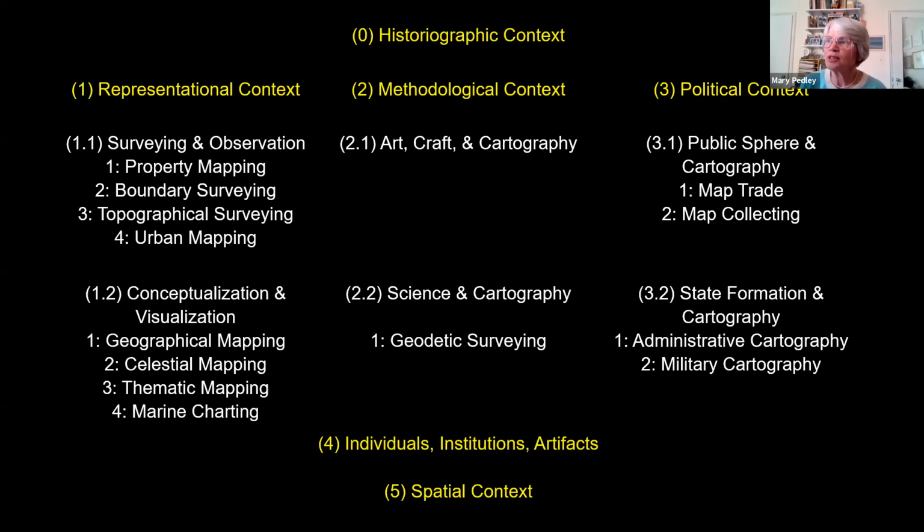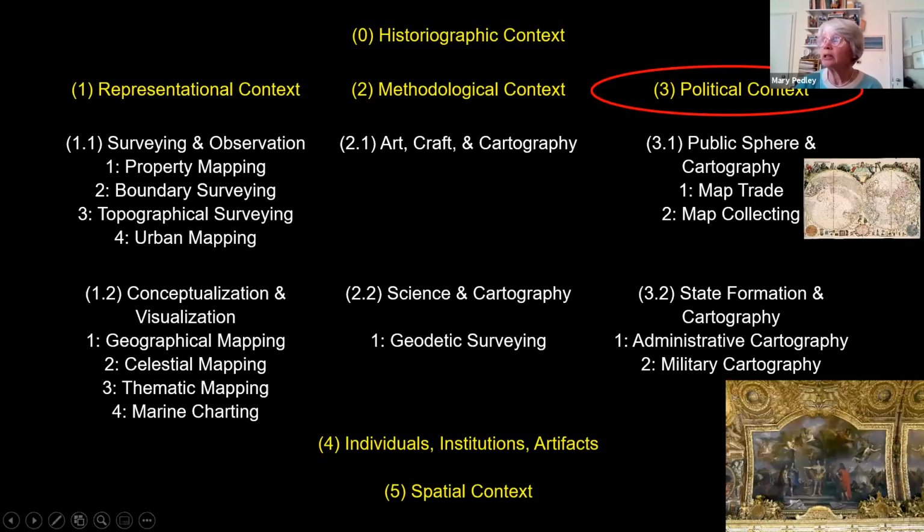And this doesn't look like a tree anymore, but it will give you some familiar ideas that we've talked about already, which is the idea of a context, that maps are not just a human endeavor, but they're made for purposes and they're made within a context. We've already talked a little bit about political context, the maps as social instruments and the maps as cultural documents.